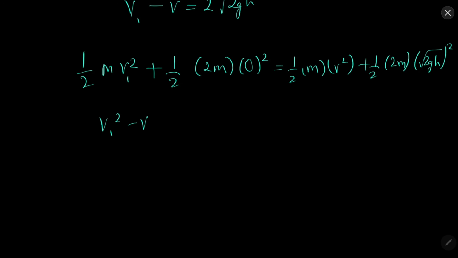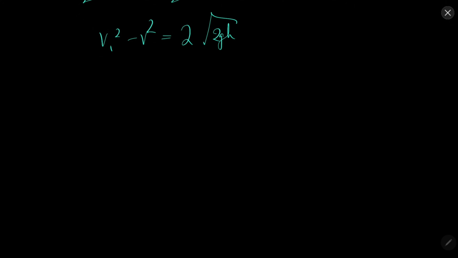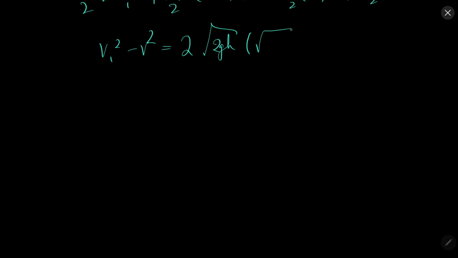So V1 square minus V square equal to 2 root 2gh into 2gh root 2gh.